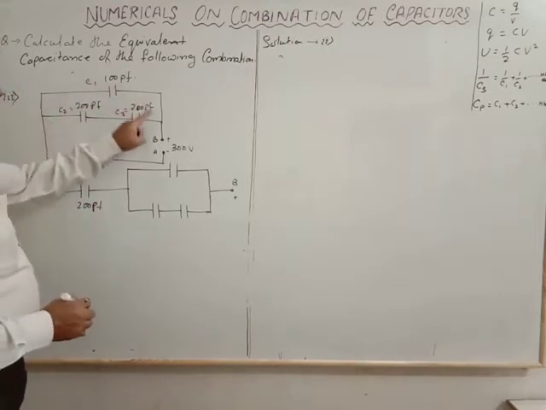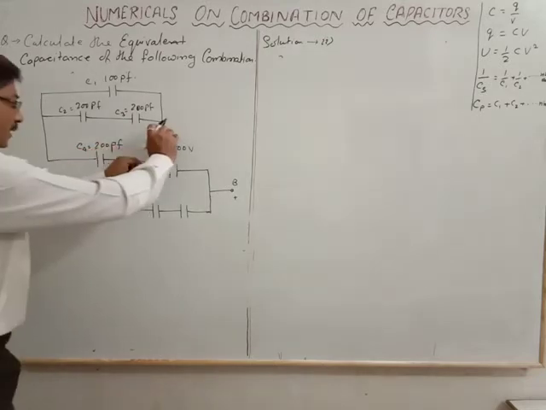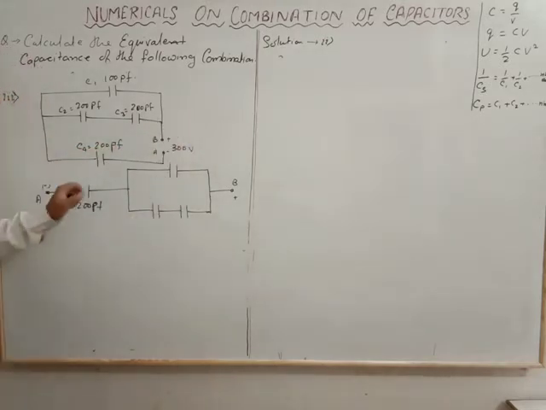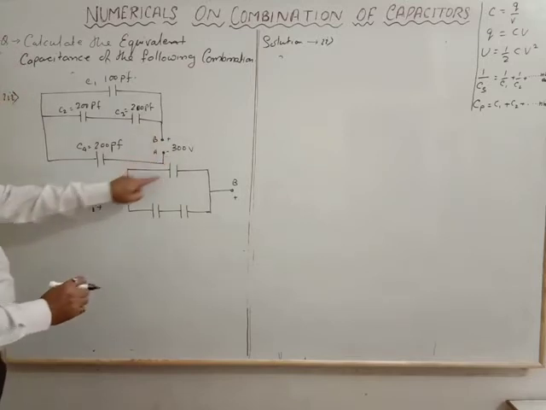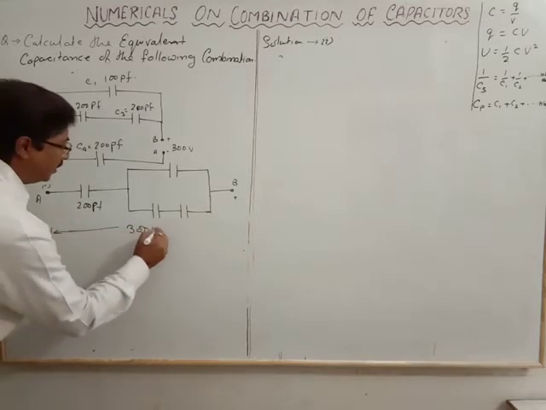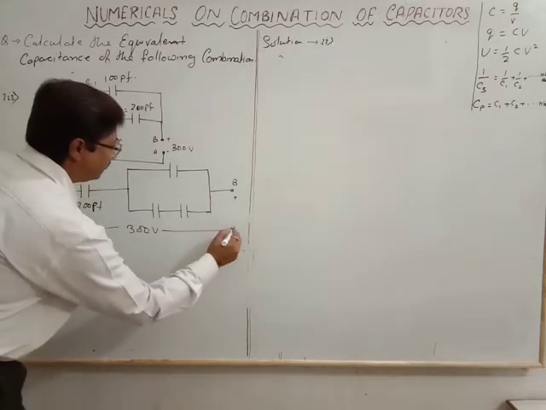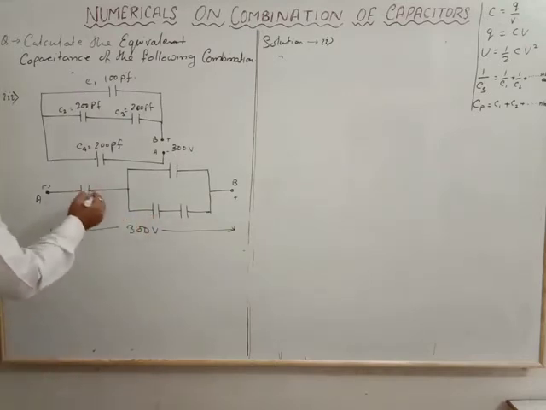So just naming these capacitors, whenever we bring this terminal and make it at a state, the potential of 300 volt is between A and B, and the arrangement looks like this.